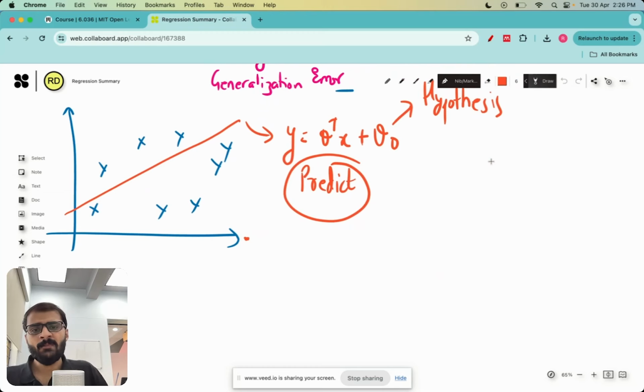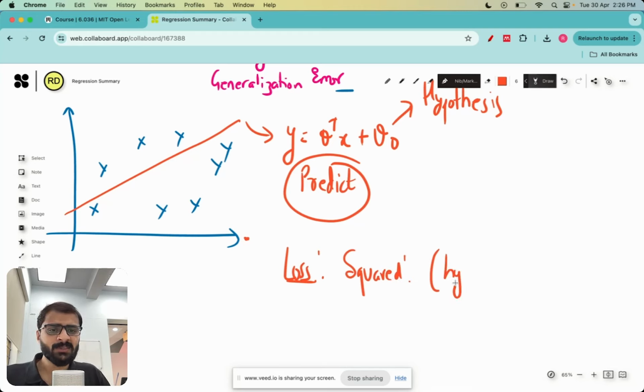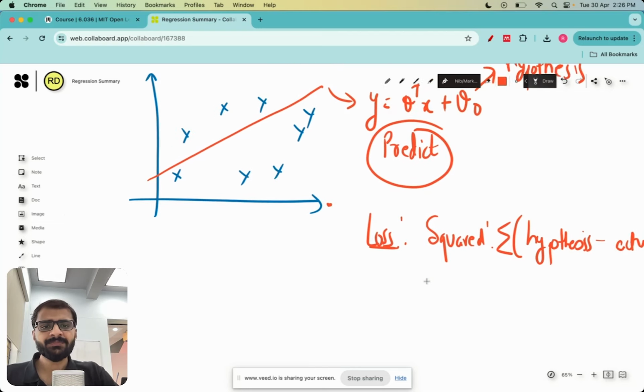Our loss function is the squared loss, which is basically the hypothesis minus the actual, whole square, and summation over all the points.